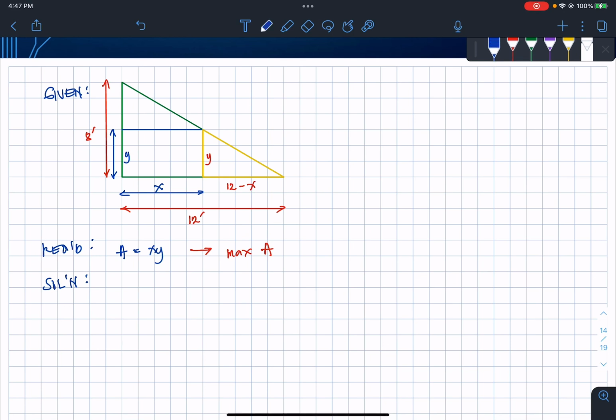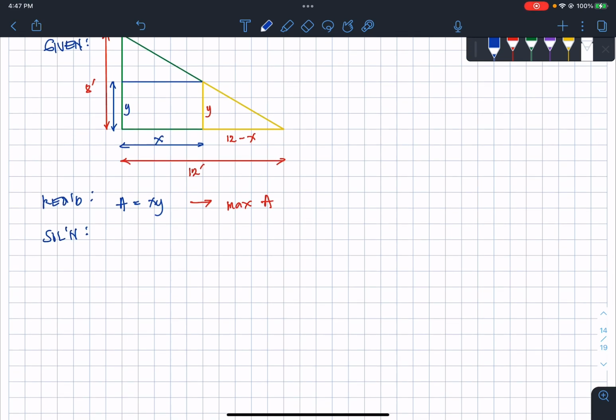From here we can use the similar triangles. For the smaller triangle we get a ratio of the height, which is y, and the base, 12 minus x.